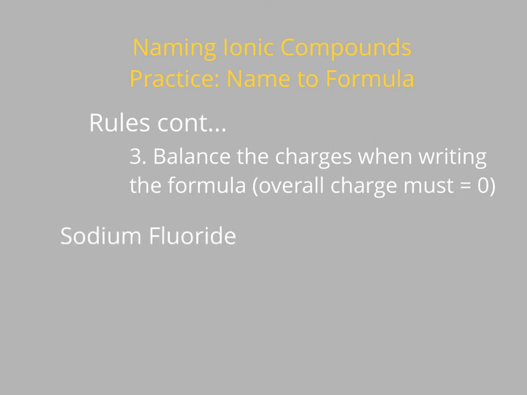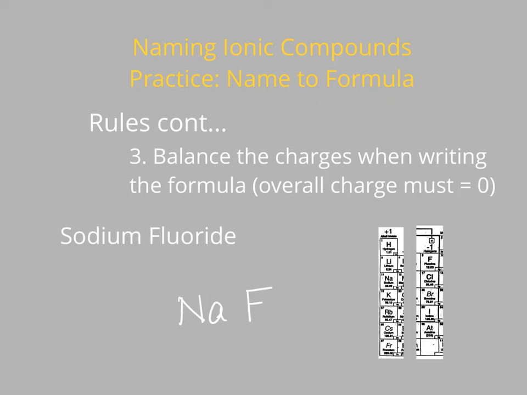So let's take a look at sodium fluoride. First we're just going to start by writing our formulas for sodium and fluoride, so Na and F. Next, we need to look at the periodic table and look at the charges that each of those elements are going to take on when in an ionic compound. Remember, we're going to find these charges above the groups or the columns of each of these elements on the periodic table.